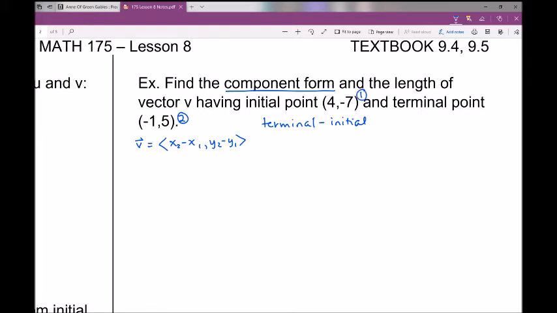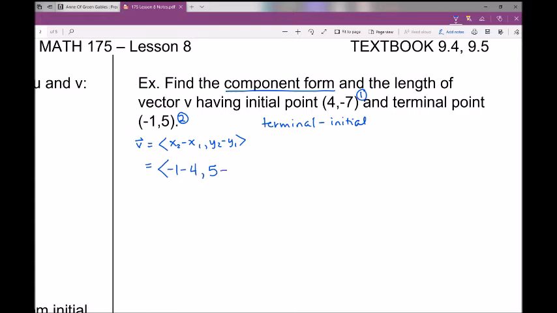And so we want to plug this in accordingly. So the x-coordinate of our terminal point is -1, and the x-coordinate of our initial point is 4. So for the x-coordinate of our vector, we have -1 minus 4. For the y-coordinate, we have 5 as the y-coordinate of our terminal point, and we have -7 as the y-coordinate of our initial point.